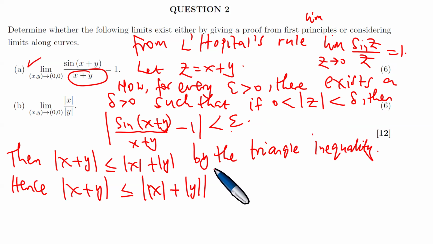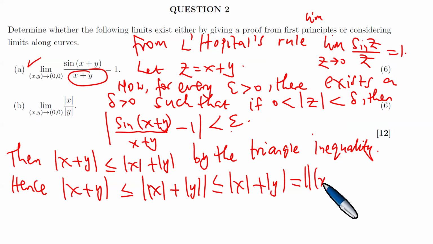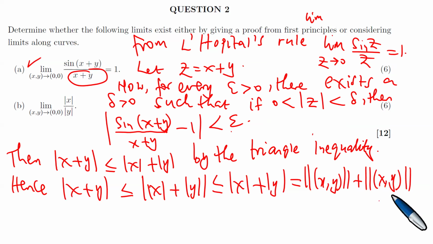We can therefore be in a position to note that at this point, this is less or equal to the modulus of x and that of y. And this is equal to this modulus and this.